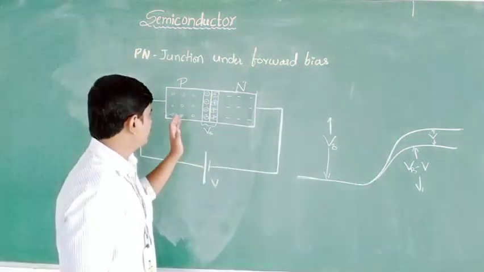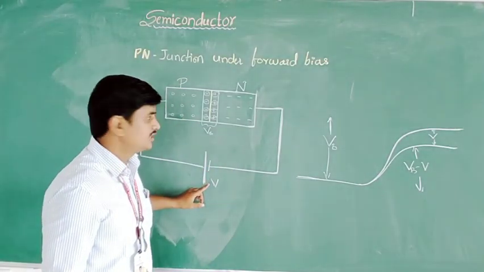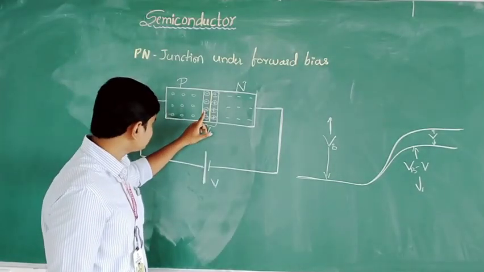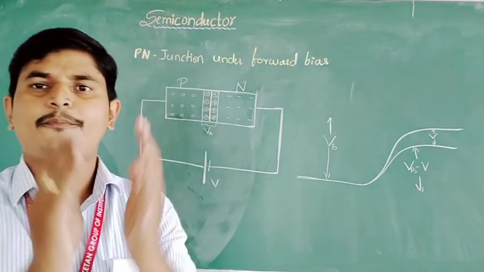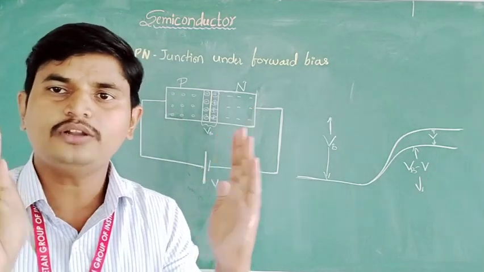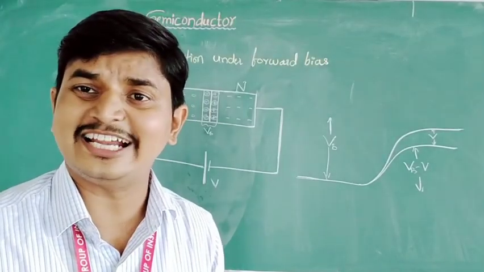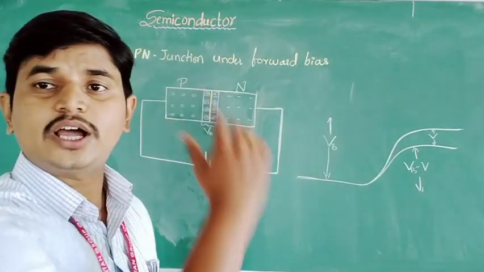See here, due to the increase in this external voltage, there are three factors which are affected. One is a decrease in the potential barrier. The width of the potential wall decreases. That's the first thing. The second thing is a large number of charged particles flow through the barrier.